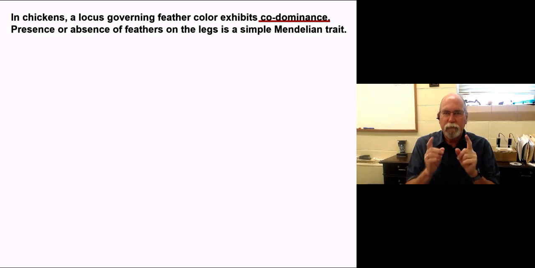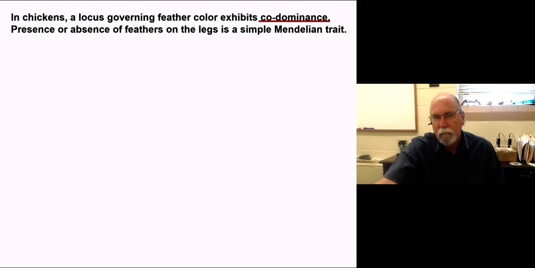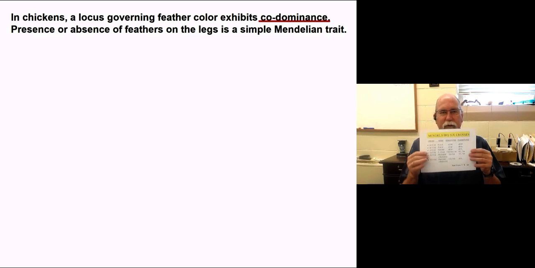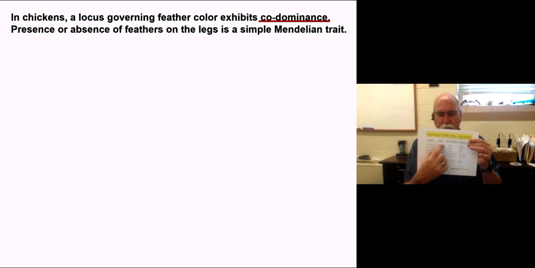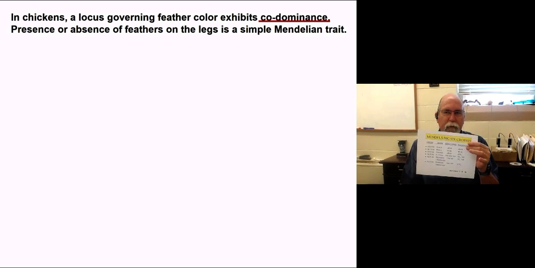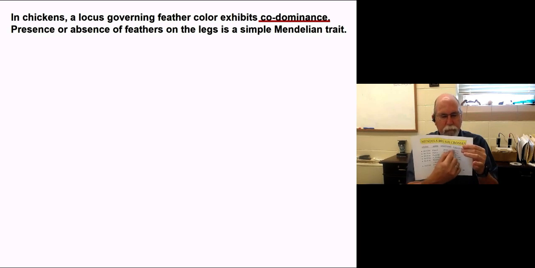Now what's important is that Mendel's Big Six hasn't failed you. You're going to get for each of these crosses, genotypically, exactly what you expect from Mendel's Big Six. I always have mine in my hand or near my desk. You're going to get this outcome over here. If you cross one of these, you're going to get this, okay? Now what we're going to have to do is think about how we don't necessarily get the phenotype that we expect here.